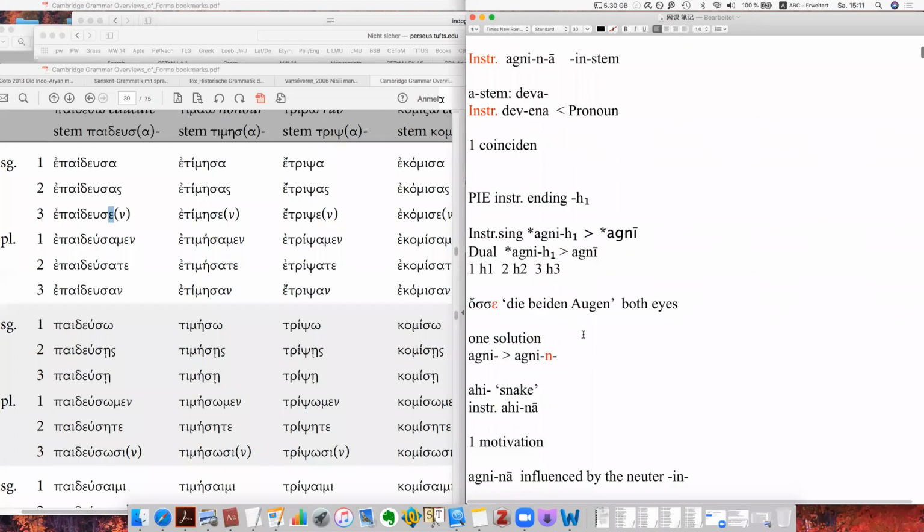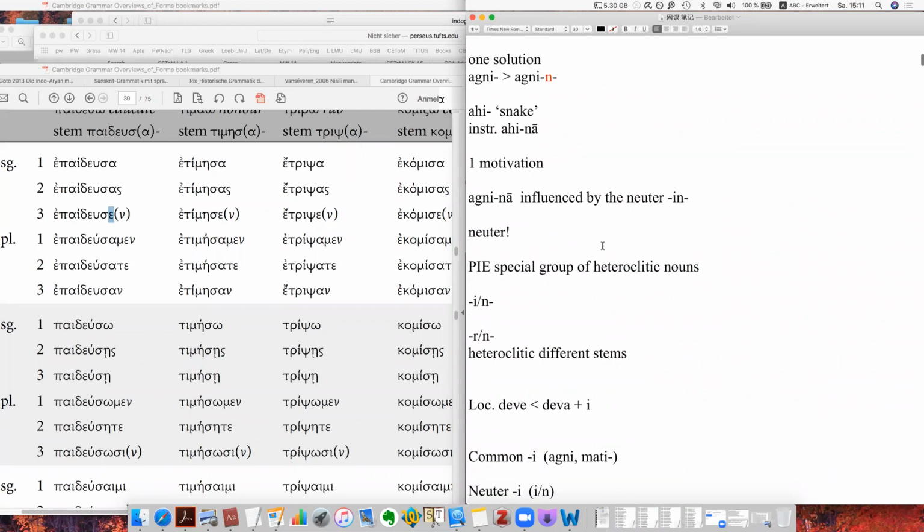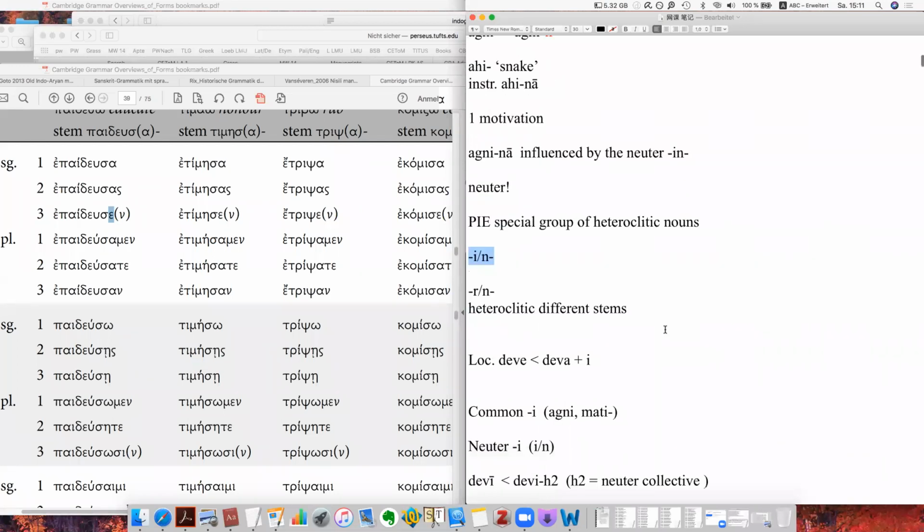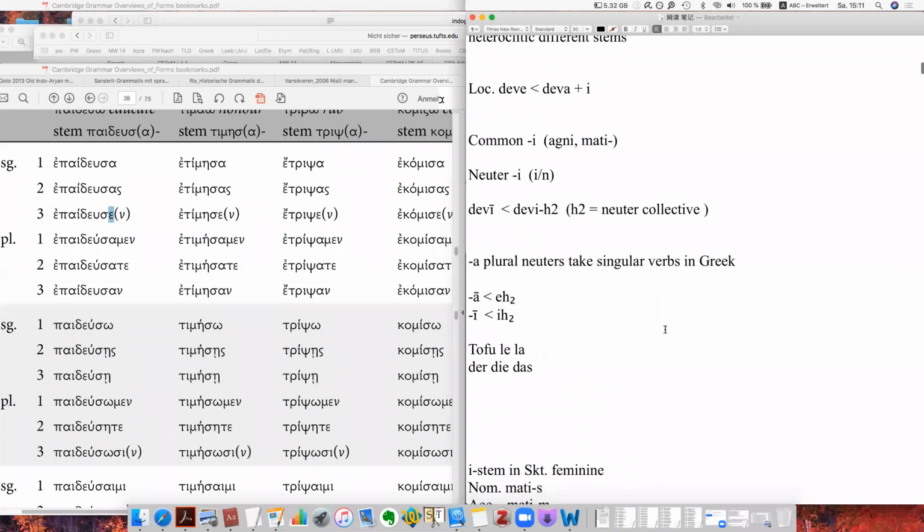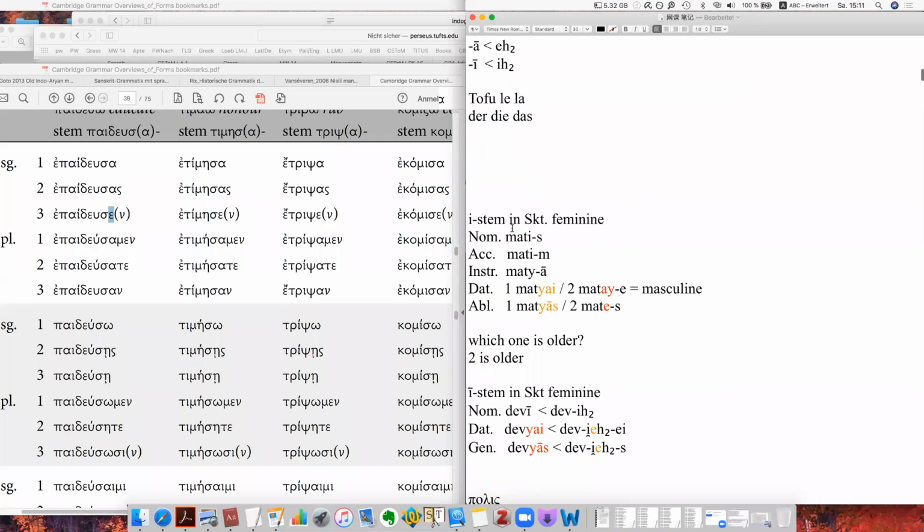it's a little bit complicated, I know. Yeah, goes back to this E in heteroclitic nouns. Yeah. Okay, and then we talk about the feminine E stem, and this feminine E stem has two kinds of declension, and this one is identical to masculine, and this one is different.